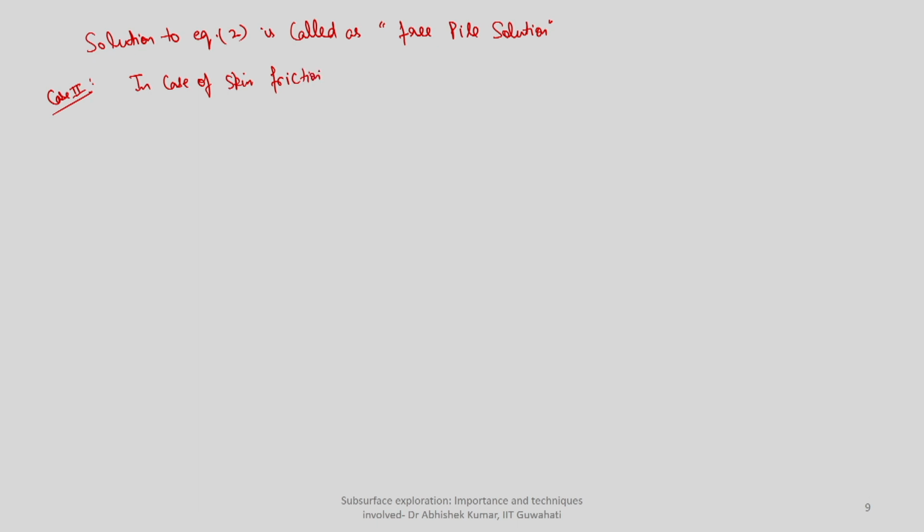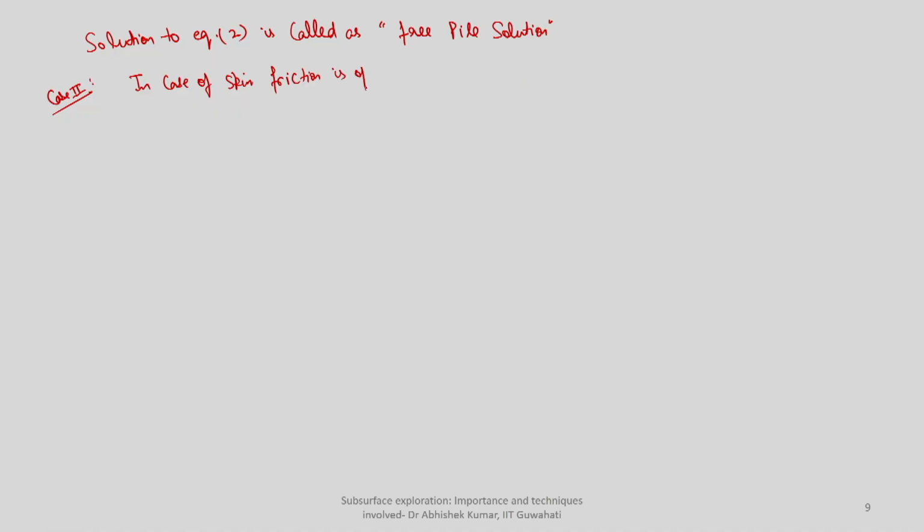For simplicity, we are not considering skin friction offered by all the layers along the shaft, but I am considering skin friction offered by an intermediate layer along the pile shaft at a distance x from the top, x from the pile head.